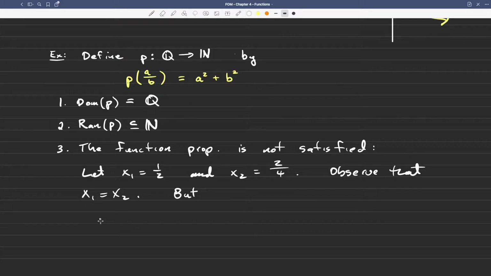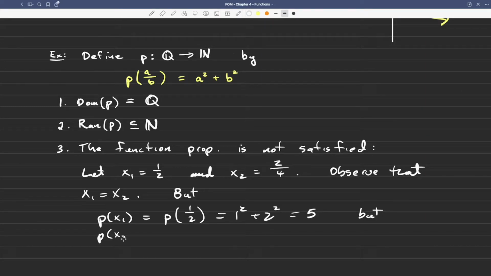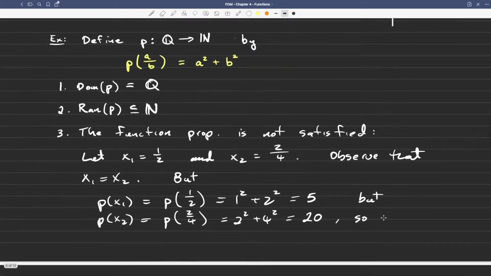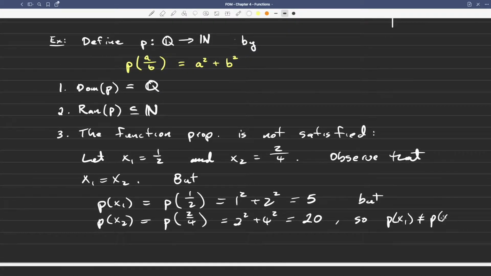So P of x1, that's P of 1/2, would be 1 squared plus 2 squared, which is equal to 5. But P of x2, that's P of 2/4, would be 2 squared plus 4 squared. So that's 4 plus 16 equals 20. P of x1 certainly does not equal P of x2.